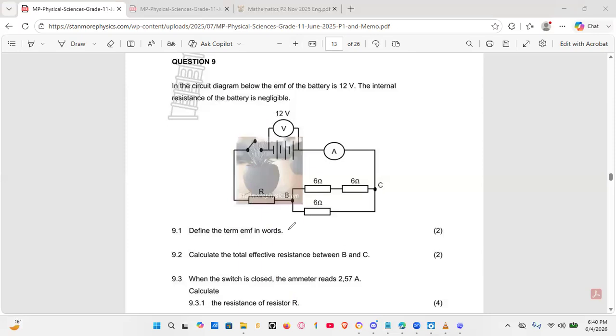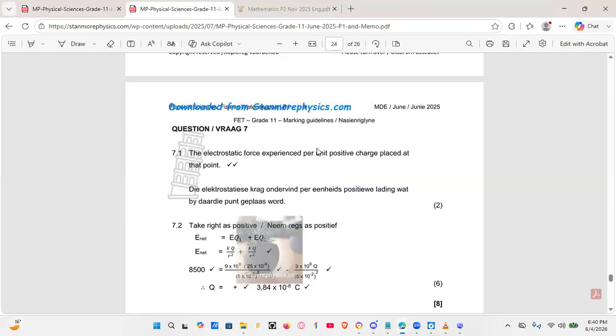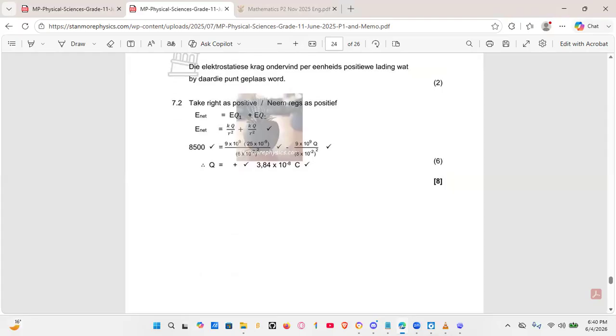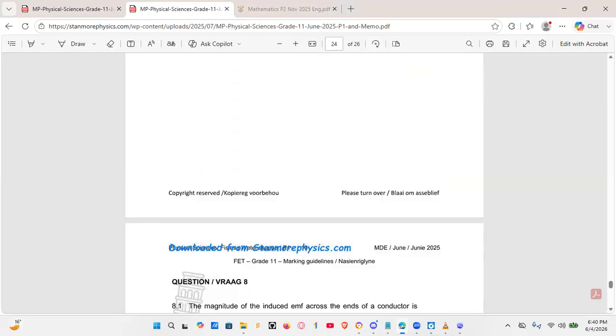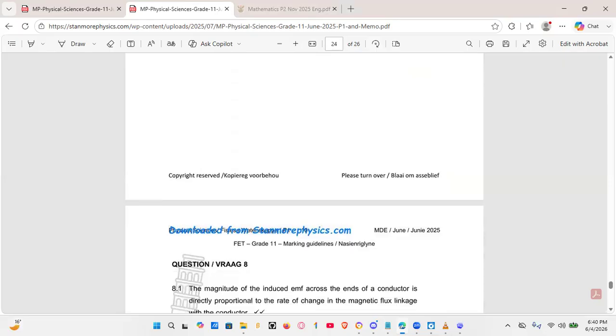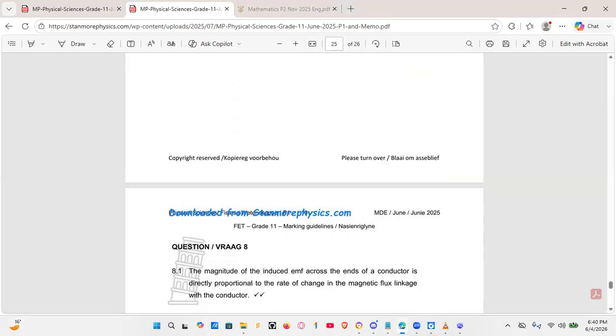EMF is the work done per unit charge by the source. Yes, let me double check that. I'm gonna go down slowly because I'm good in calculations, but definitions, I feel like I've always put that for the day before.